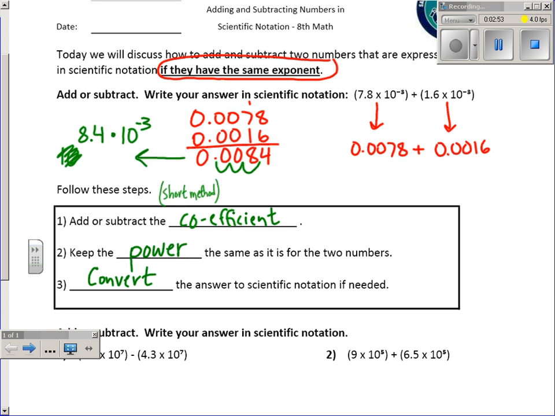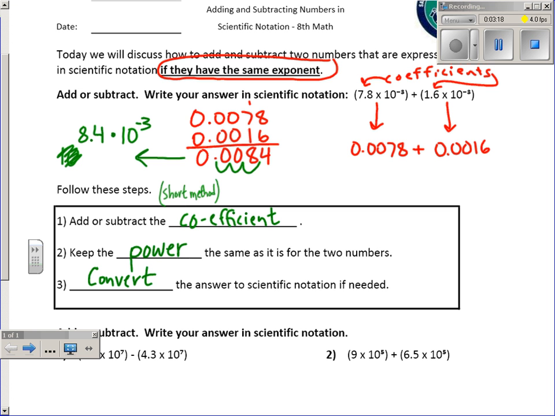The first thing you're going to do is add or subtract your coefficients. The coefficients are the numbers to the left of the multiplication sign. So we add or subtract those.